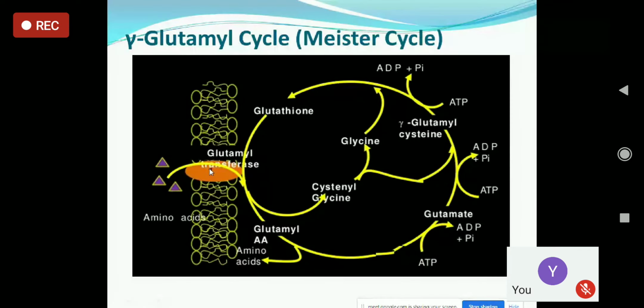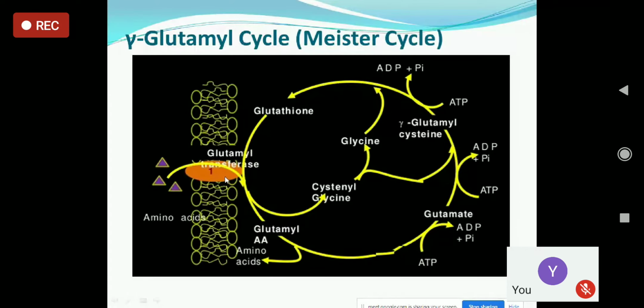So you know that glutathione is made up of glutamine, cysteine, and glycine. The glutamate is getting cleaved off from cysteine and glycine. The glutamate then gets stuck to the cell surface.